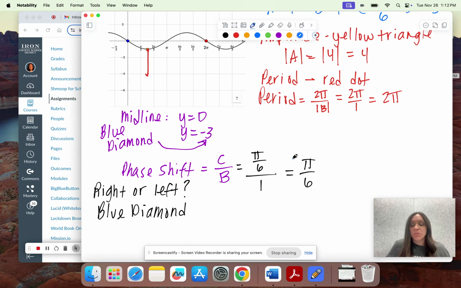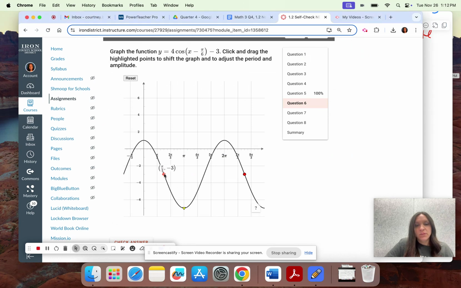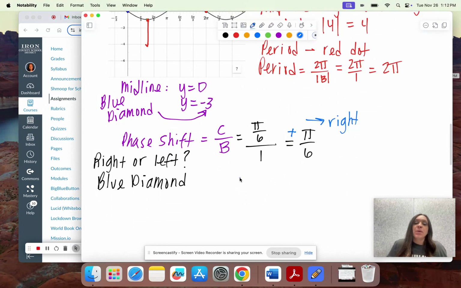It's a positive number, so that means we're going to move right pi 6. Okay, so right now we're at pi halves, and we want to move pi 6. So if I'm at pi halves, and I want to go right pi 6, I'm going to add that value to pi halves. So I'm actually taking pi halves plus pi 6.